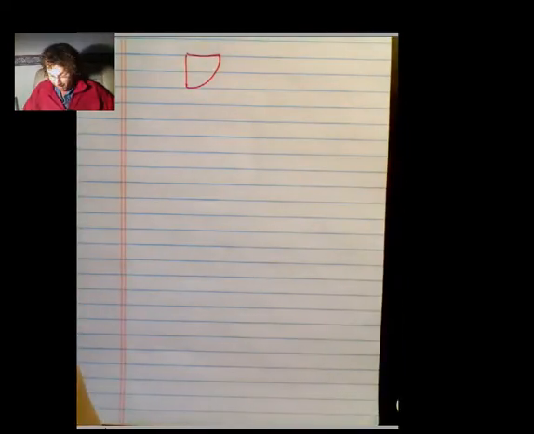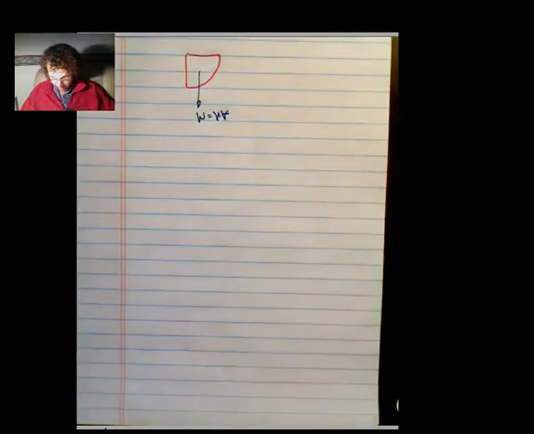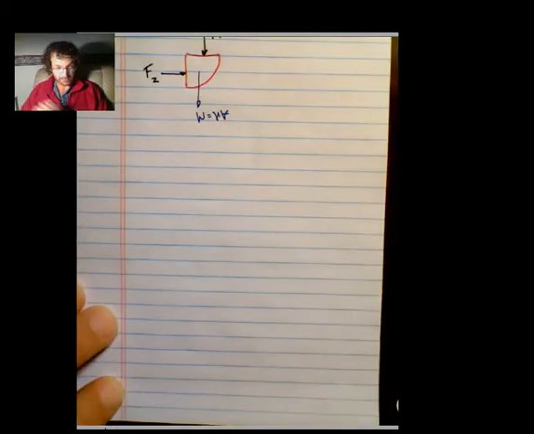Now, let me just draw that again and summarize what we know. And so there's our free body diagram, our body being that chunk of fluid. W is equal to gamma V. And we had F1 on the top, F2 on that side.